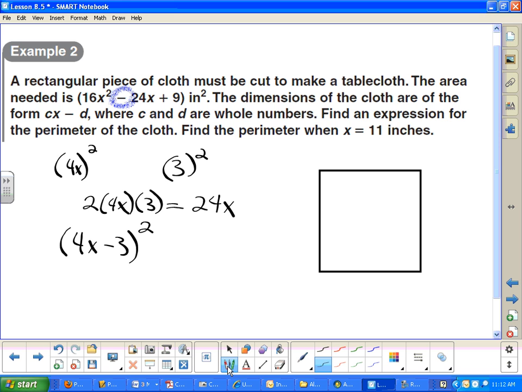What's the length of each side of that square? What's the length of each side of the square? 4x minus 3. And why is that, Dylan?